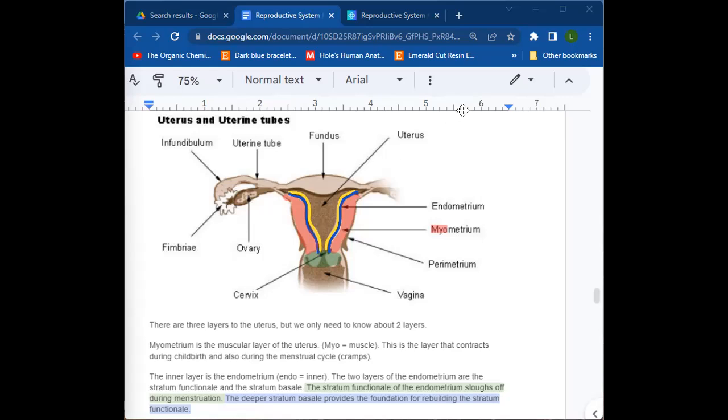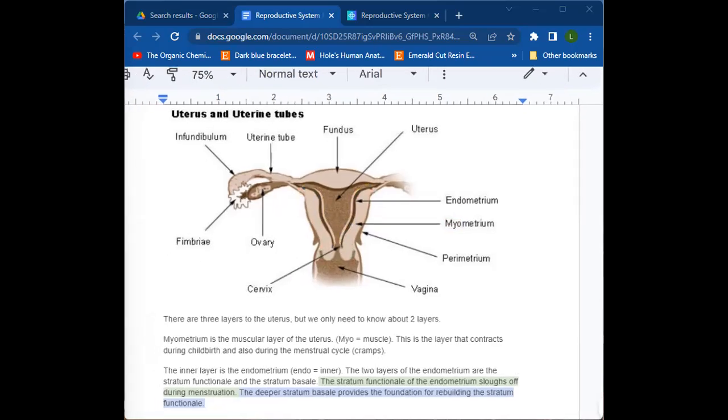Okay, now let's take a look at the fallopian tubes. We need to know that the fallopian tube is sometimes also known as the uterine tube or the oviduct. So that's going to be all in here.